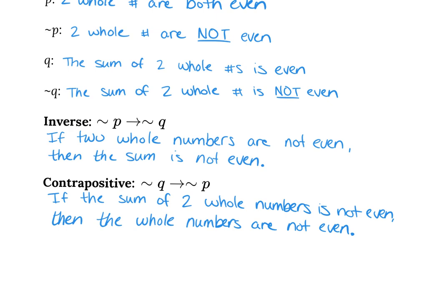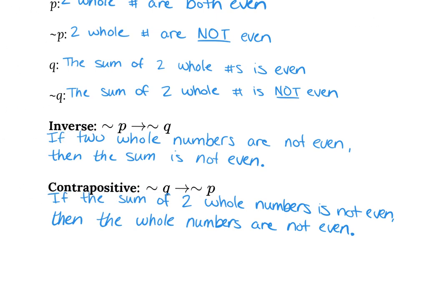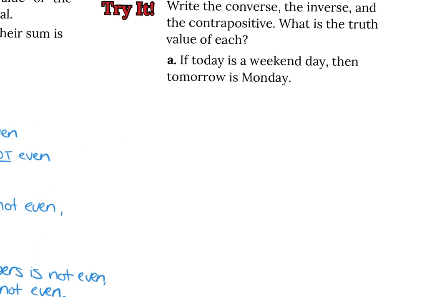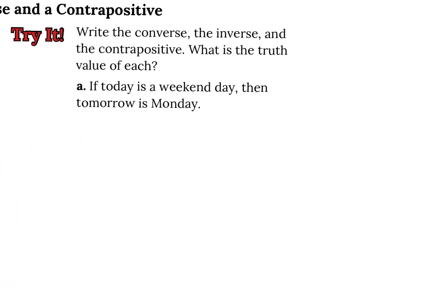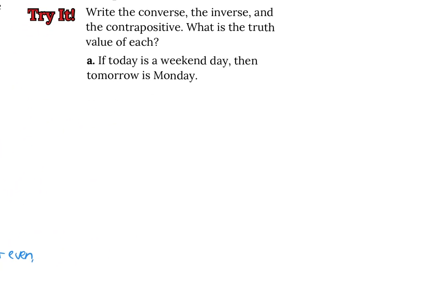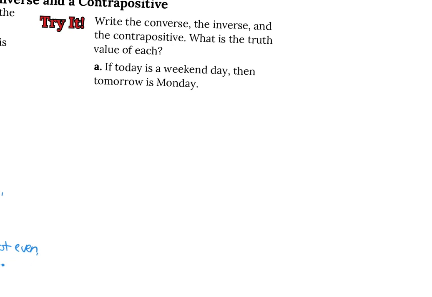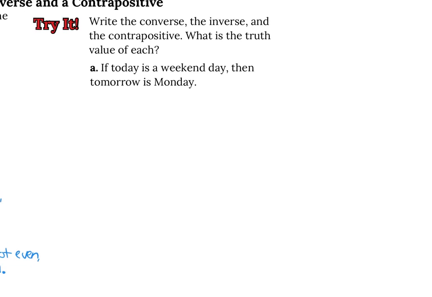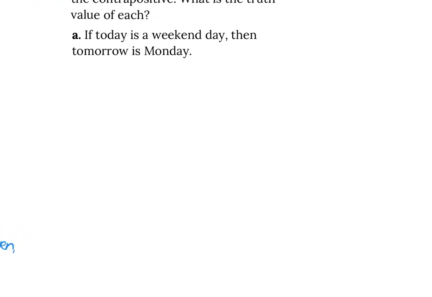Now we'll look at our try it. All right, we need to write a converse, inverse, and contrapositive for each of these truth values. Okay, so converse. Converse, we are flipping our hypothesis and conclusion.